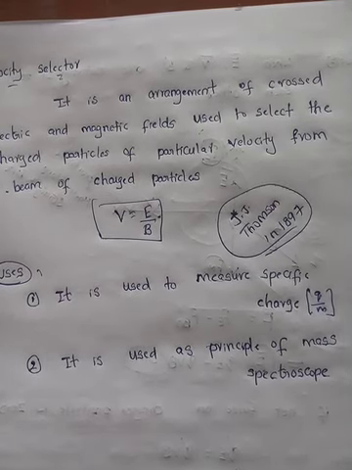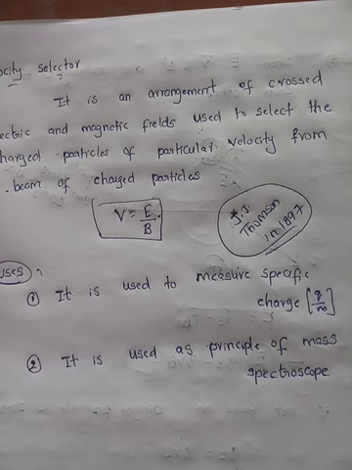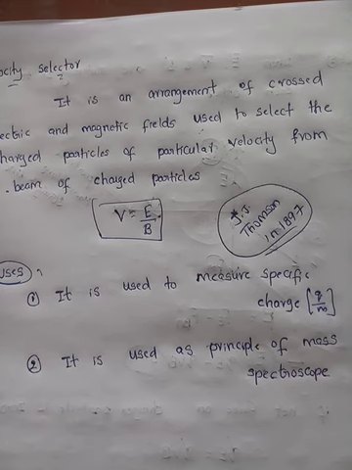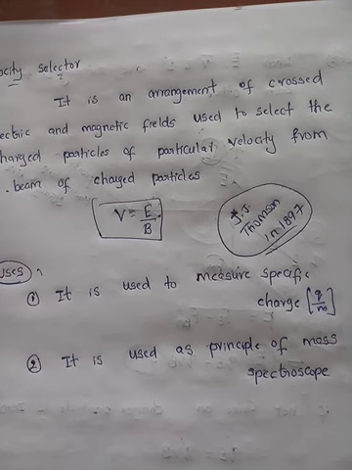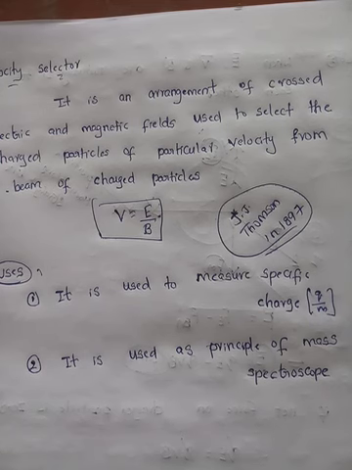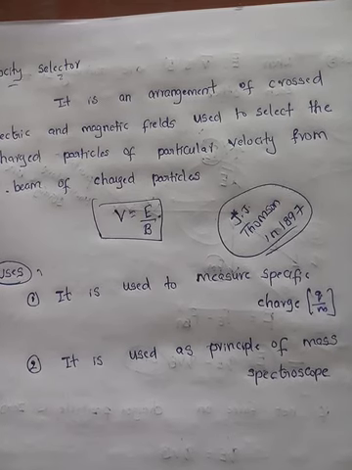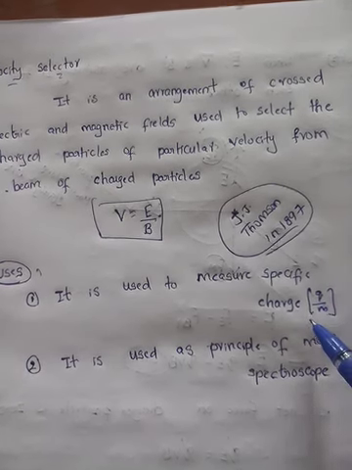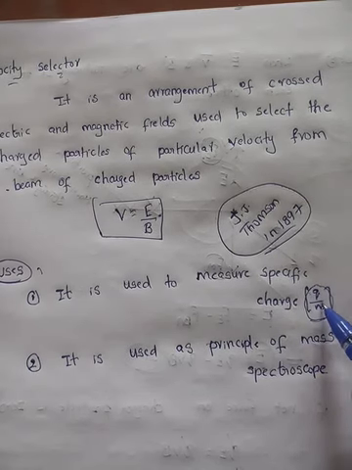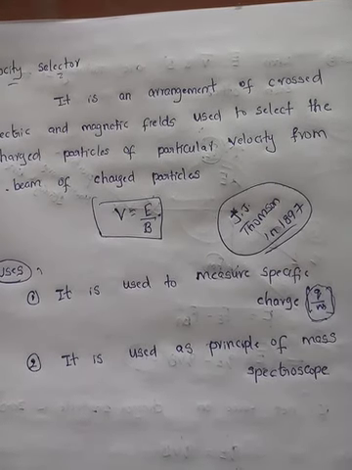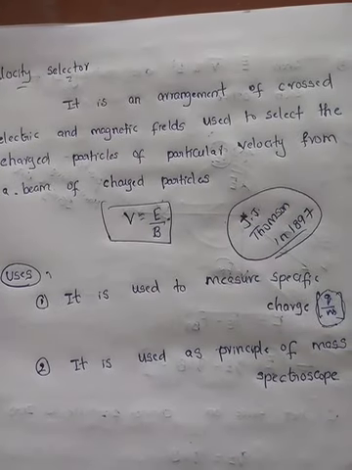It is a device used to separate ions according to their specific charge. In this experiment, if you use the mass spectroscope, it will divide ions, for example Na plus ions or Cl ions, based on their specific charge. Because specific charge is different for different materials, it utilizes this concept of velocity selector, and we can calculate specific charge. Based on specific charge, we can divide the ions. Those are the uses of the velocity selector.